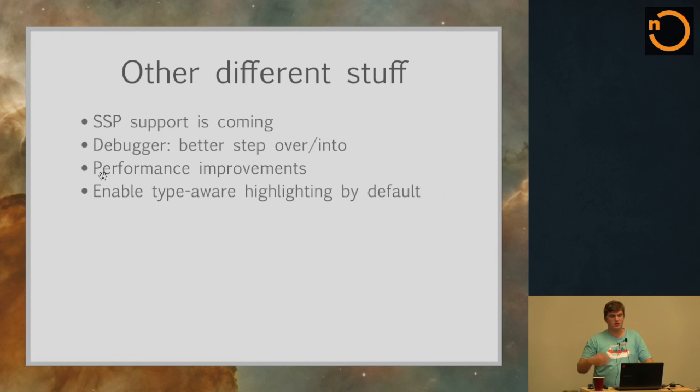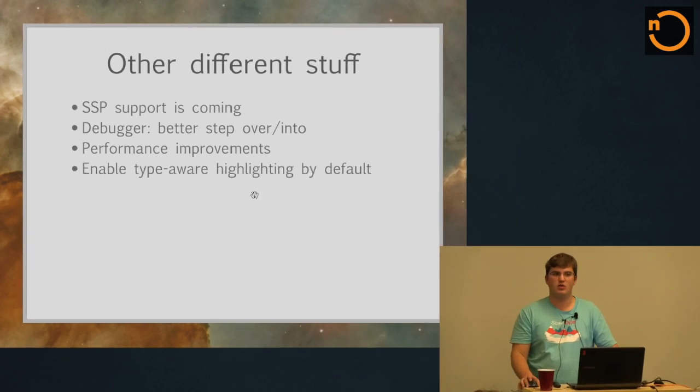Also, we want to do some performance improvements, because some projects are still slow with the IntelliJ Scala plugin. And also we want to enable type error highlighting, which I think almost all IntelliJ users use. So why not enable it by default?